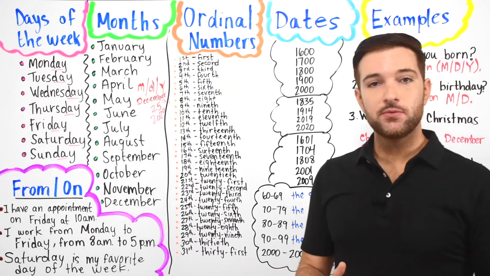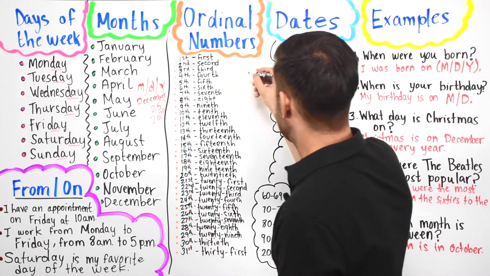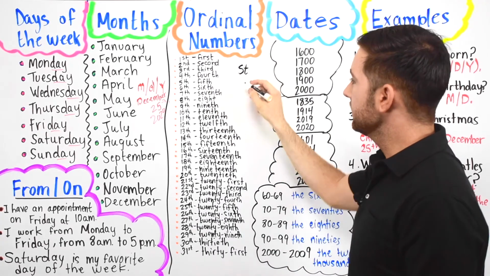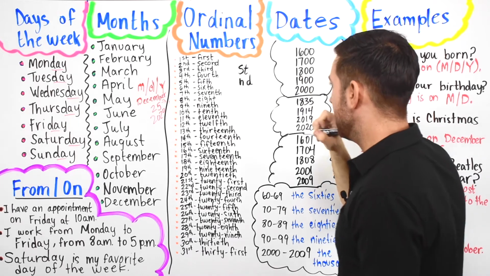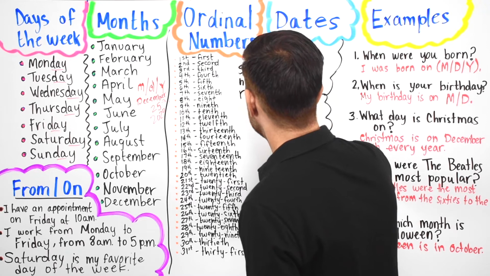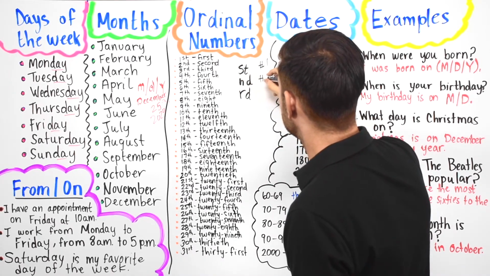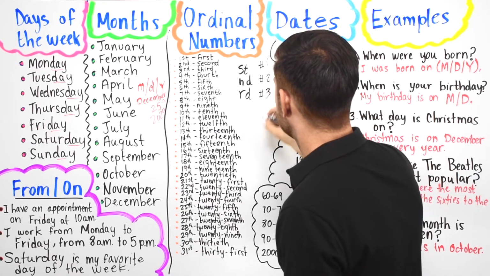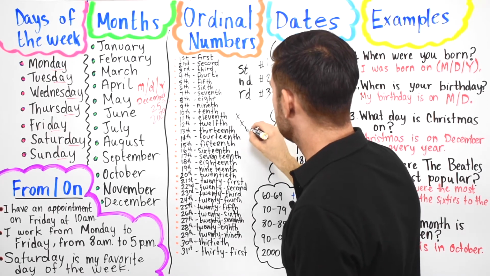Okay, so notice that we attach, and I'll write it here. In English, we attach an ST, okay? So ST, and then we also attach an ND, and we also attach an RD, okay, for the first 3 numbers. So this is number 1, this is number 2, and then this is number 3. Okay, we don't do it for 11, 12, and 13.